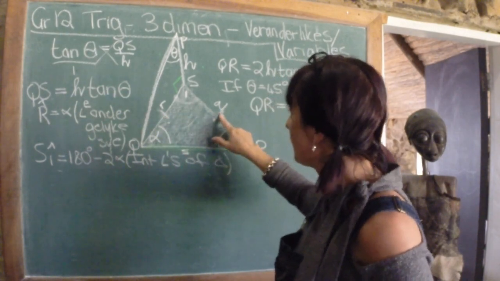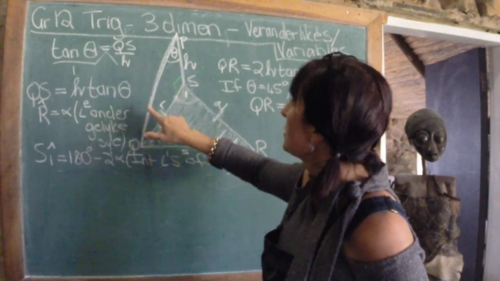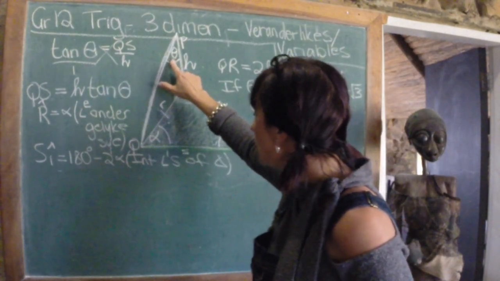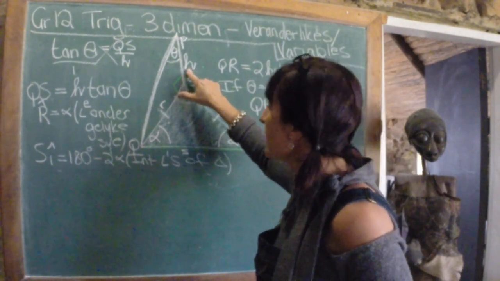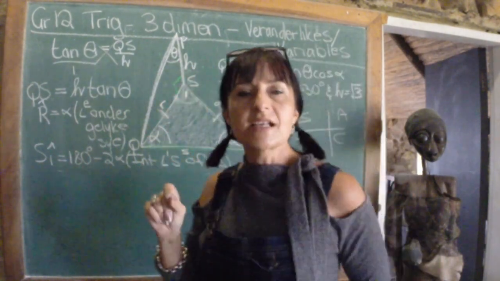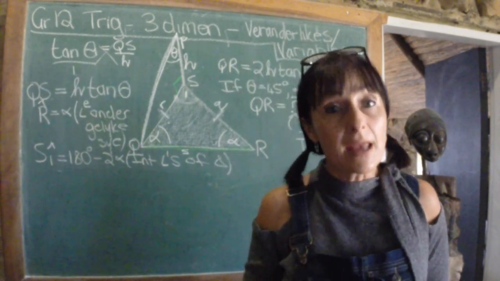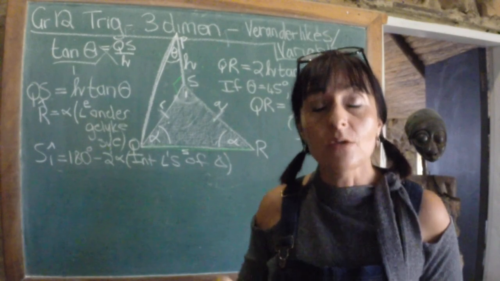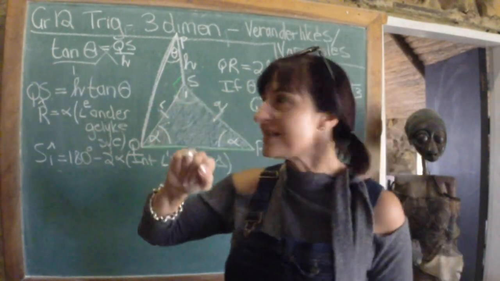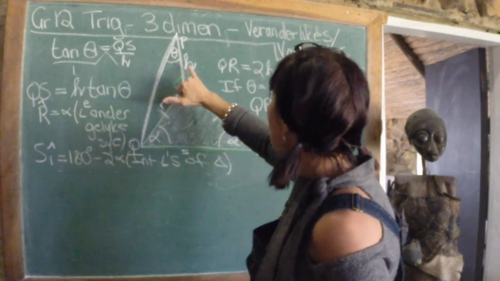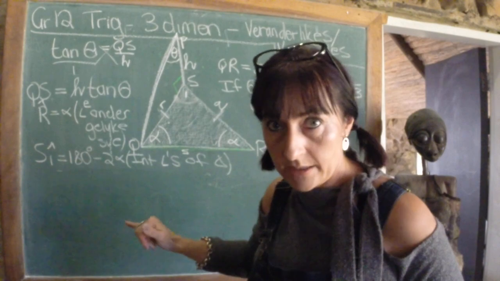That side is being given as equal. So ek het in my 90 grade driehoek 'n hoek known, an angle known, and I've got a side known. Onthou, al is dit nou veranderlikes, sien ons die veranderlikes as bekendes, want ons moet die antwoorde kry in terme van veranderlikes. So we see this theta and this h now as known angle and side.